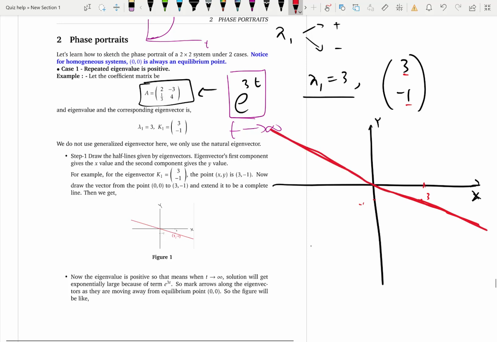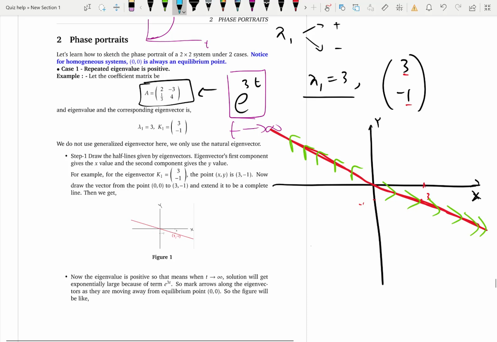So here we have the half line. Now let's mark the arrows. We know when t goes to infinity, e^(3t) becomes large. So you start from the origin and your arrows move away when time goes on. So the arrows are moving away. Okay, all right. Now that's done.